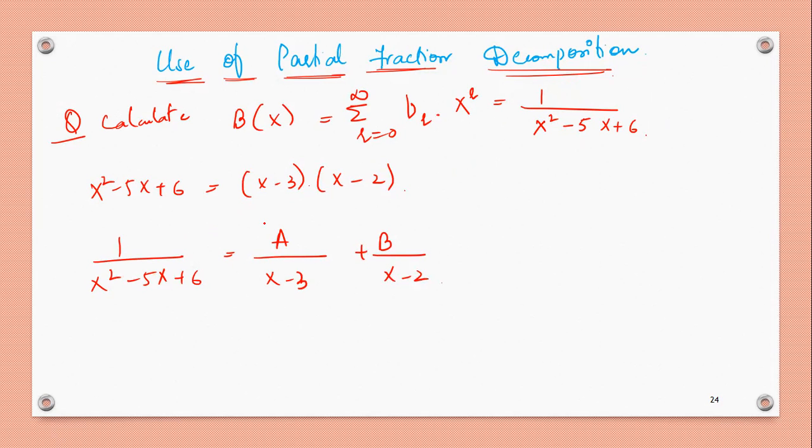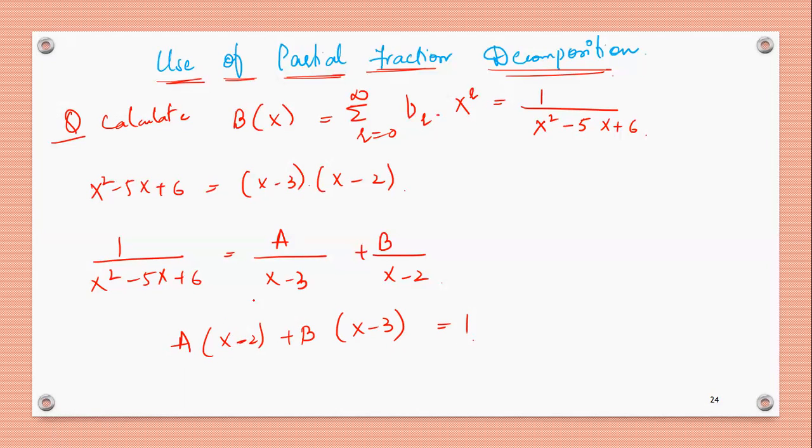Now, to find this A and B, we multiply both sides with this term, cancel it, and write it this way: A into x minus 2 plus B into x minus 3 is equal to 1.